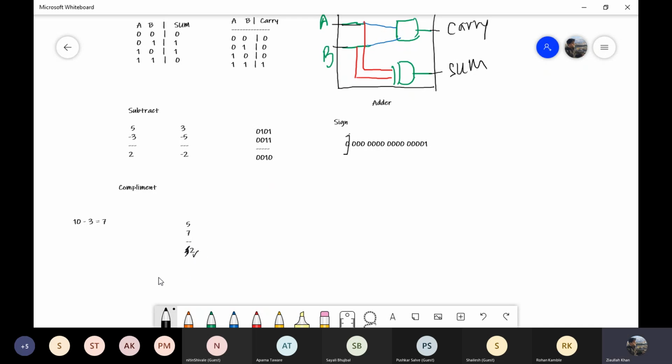Now, this is true for all number systems, including the binary number system. So if I have to do 8 minus 4, this is tricky. So what I'm going to do is I'm going to take 8, and then I'm going to do an addition operation. And because 10 and 4 are 6 digits away, we're going to do the addition of 8 and 6. 8 plus 6 is 14.